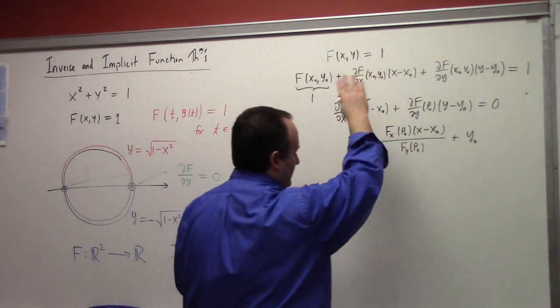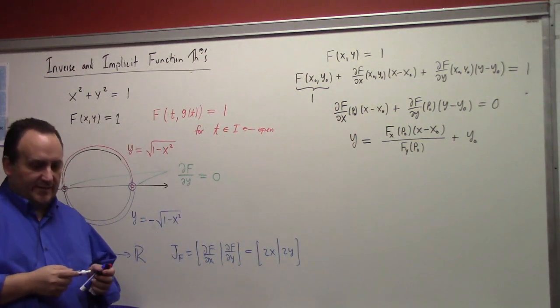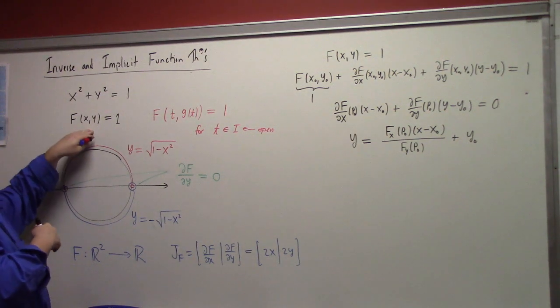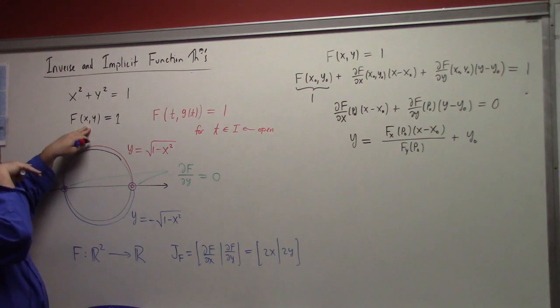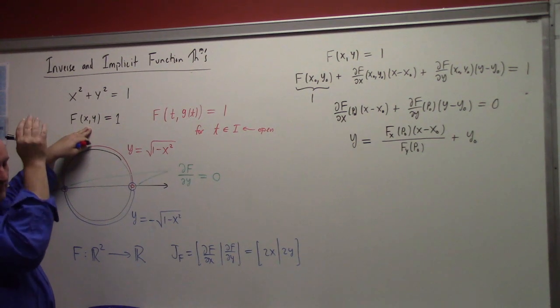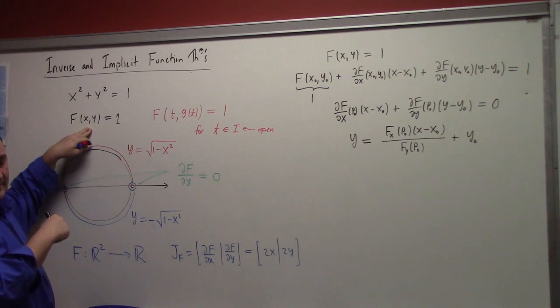See, this requires that to be non-zero. That is why the implicit function theorem is going to say, as it applies to this context, if we have a function of two variables, we can solve for y if the defining level function is continuously differentiable near the point x naught, y naught on the curve, and partial f partial y is not equal to 0.